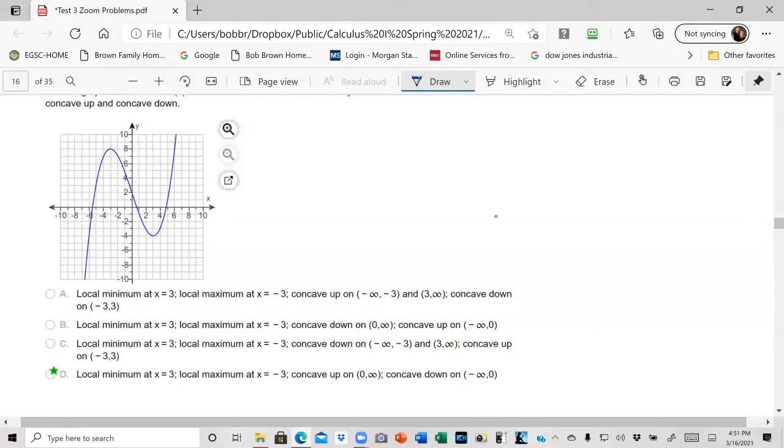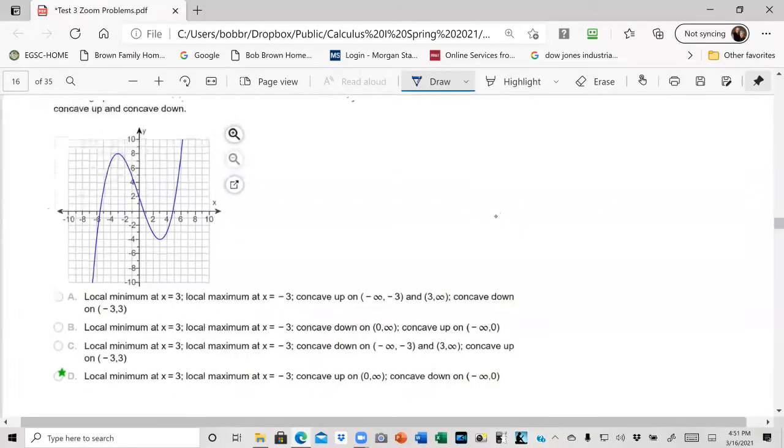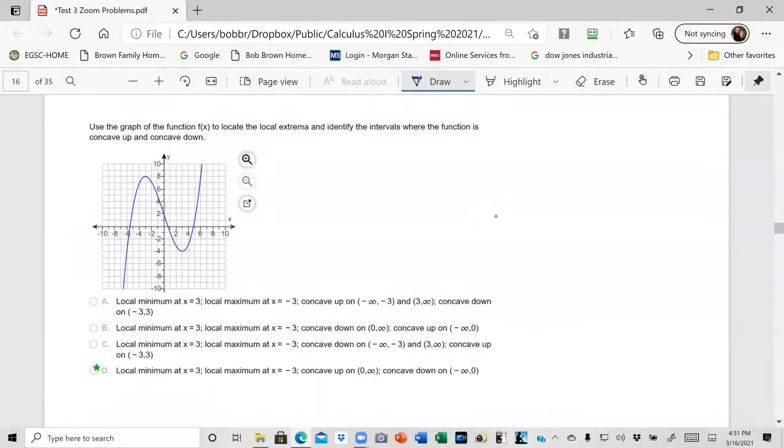Now we have a function where we want to locate the local extrema and identify the intervals where the function is concave up and concave down. Well, right away, looking at it, you can see it is down here, and it is up here, and it looks like there's an inflection point at this point at x equals 0.